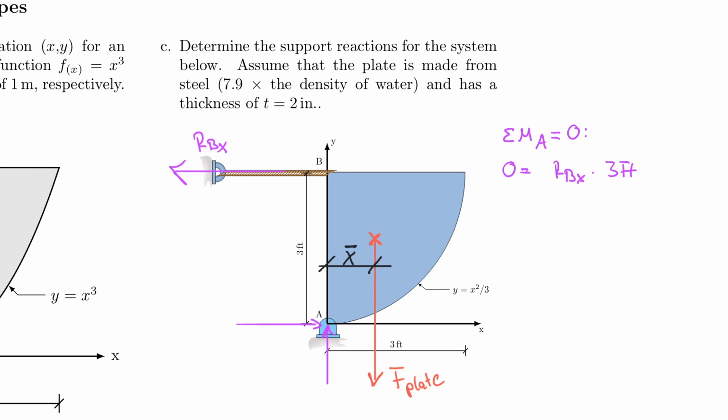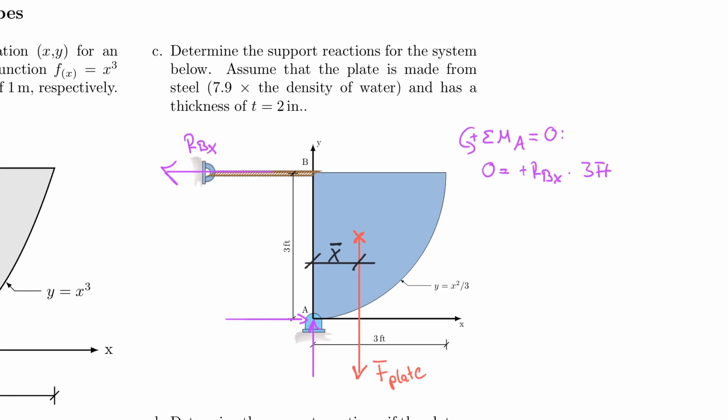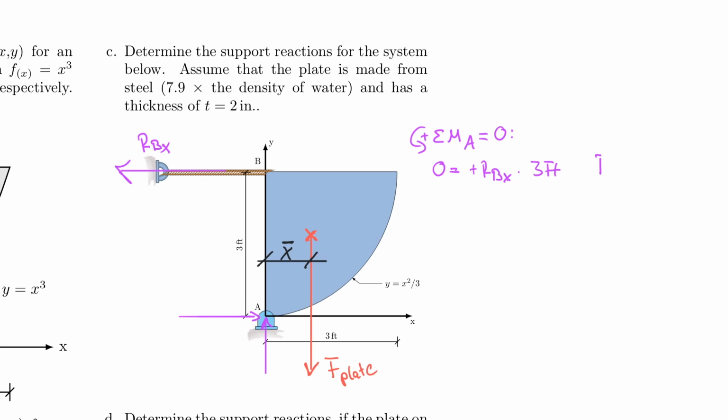That's the lever arm, and that actually happens to rotate counterclockwise, so therefore I'm going to make that positive. And now I have my F plate, and maybe I use red for that, F plate multiplied by what I called x bar. And that rotates clockwise, therefore that is negative.